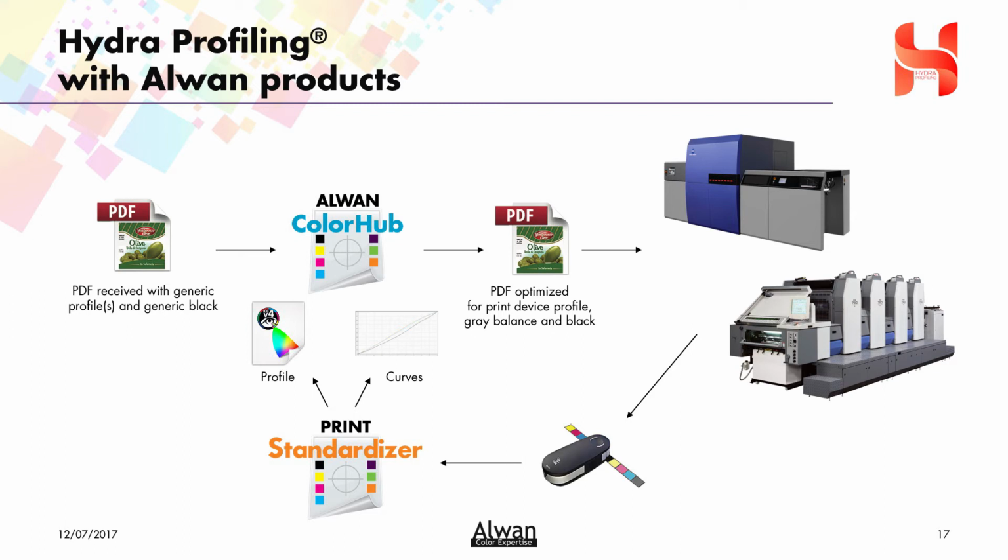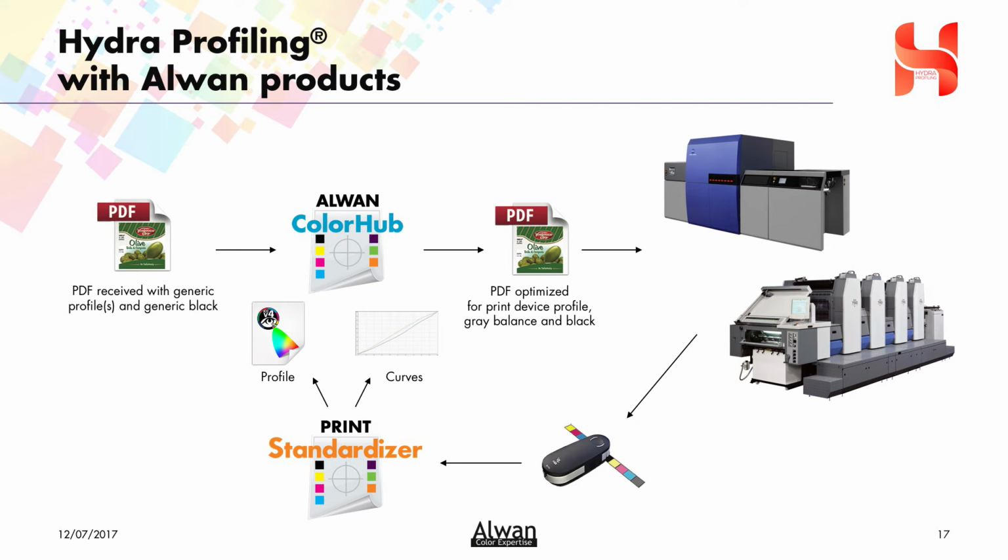So with the Alwan solutions, you are able to implement a completely closed loop for conventional and digital printing processes, which enables your customers to have their print device calibrated and profiled continuously in real time, and the up-to-date curves and the up-to-date profiles applied in Alwan ColorHub on the color management side.